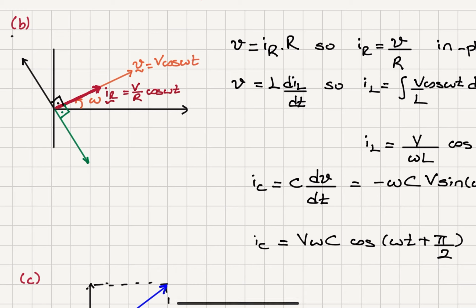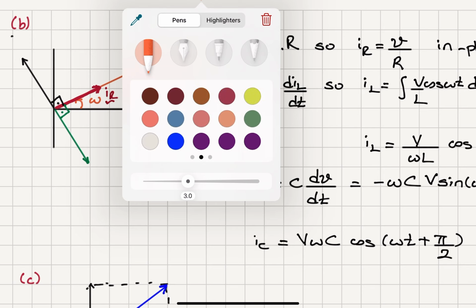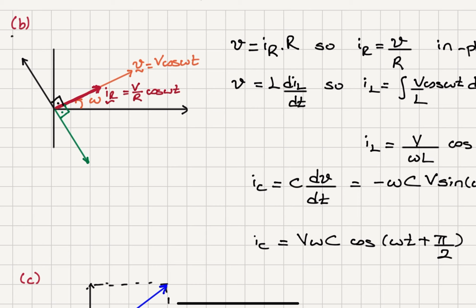And then I have the inductor current. So let's look at inductor current. I sub L phasor, that is capital V divided by omega L cosine of omega t minus pi over 2.